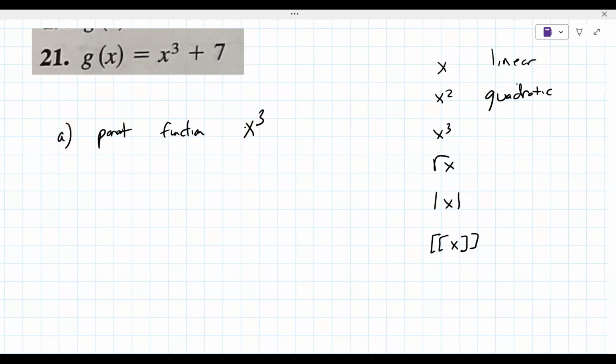Cubic function. It is a cubic. Very good. Okay.